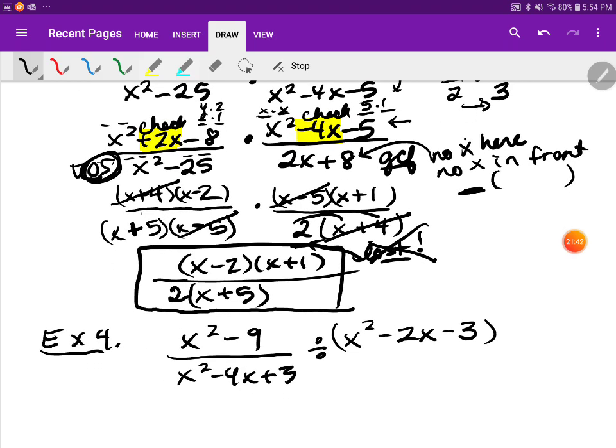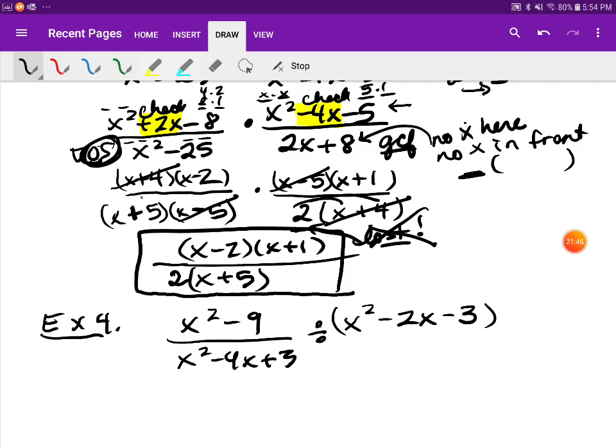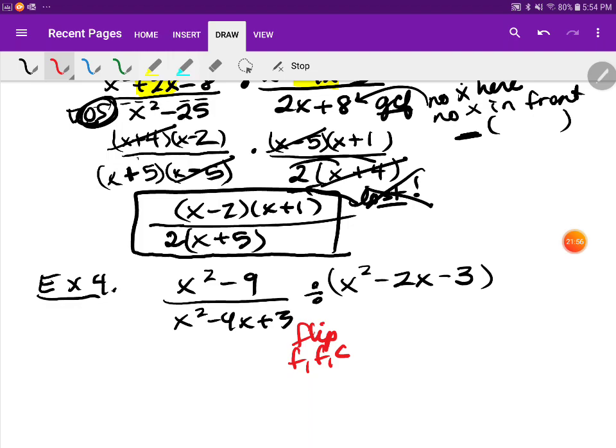What do you do when it says divide and there's no fraction? How am I supposed to flip, FFC, if there's no fraction to flip?